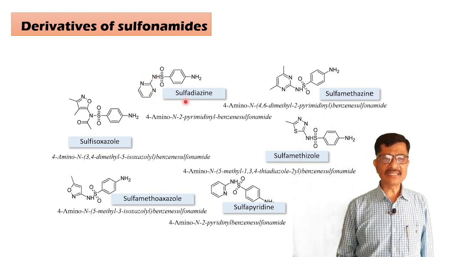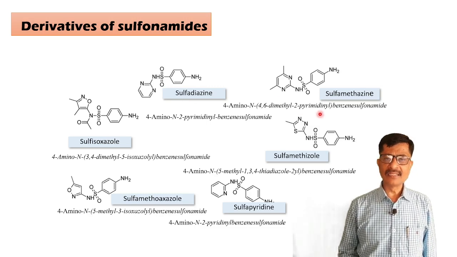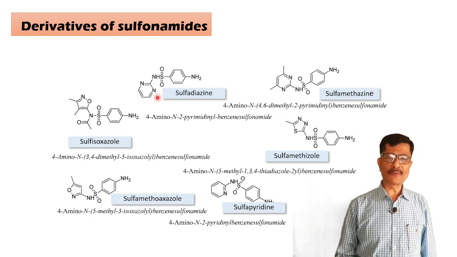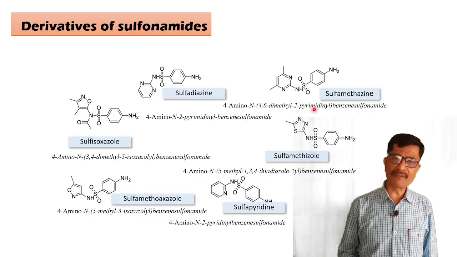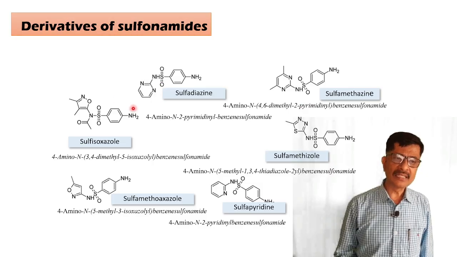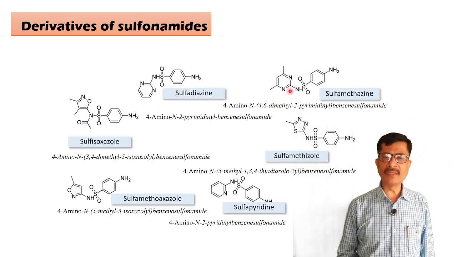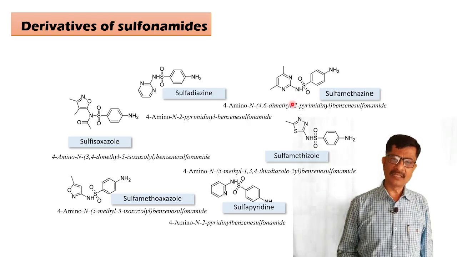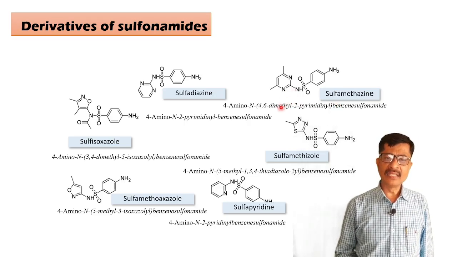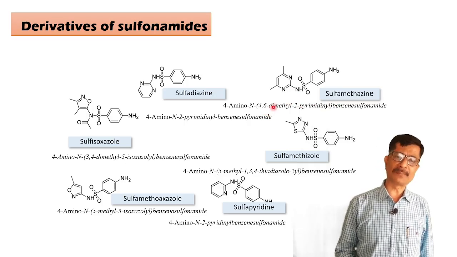Now this is sulfadiazine, sulfamethazine. Look at the structural difference between sulfadiazine and sulfamethazine. In both cases, there is a pyrimidine ring common which is attached to N1, but in sulfamethazine that pyrimidine ring is 4,6-dimethyl substituted.